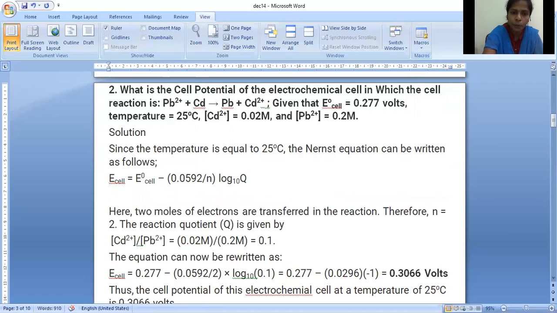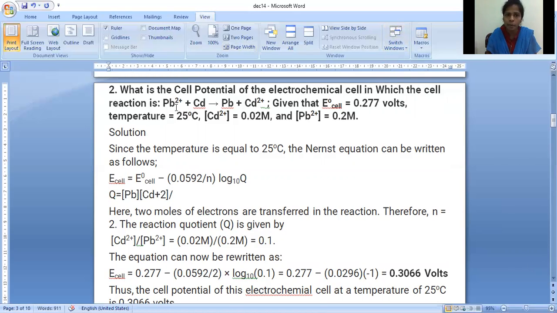Pb is a product, and another product is Cd plus 2, divided by the reactants concentration.